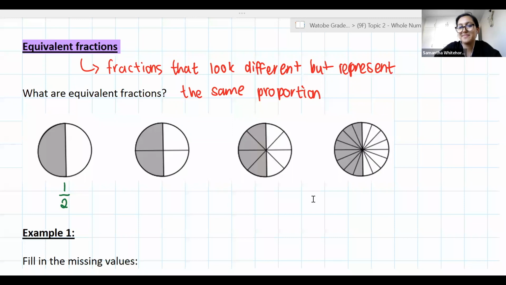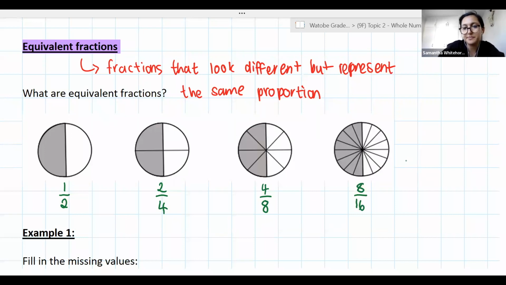It's 2/4. Perfect. We're going to discuss these all now, so don't stress. Kagiso, the third one? It's 4/8. Perfect. Excellent. Well done. Lufuno, the fourth one? Ma'am, it's going to be 8/16.